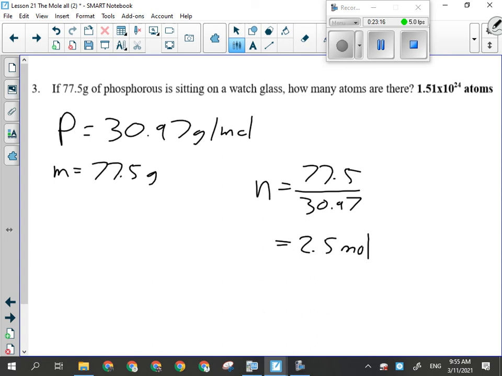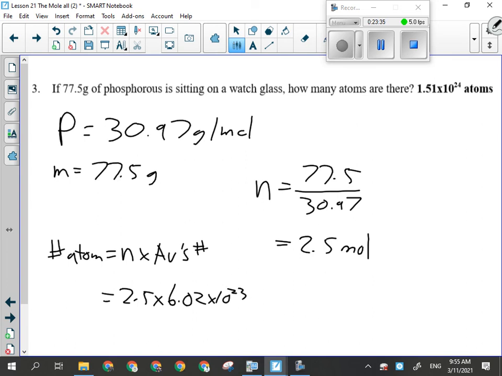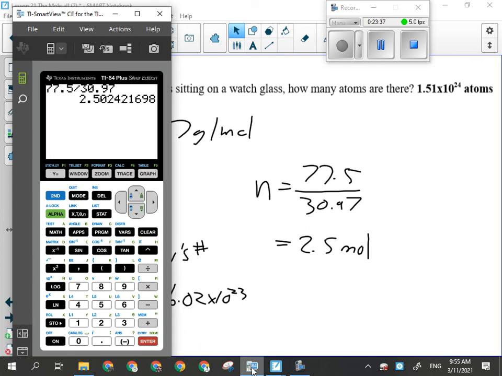I want to calculate the number of atoms, so that means that I take n and I multiply by the number of atoms in 1 mole. And so that's going to be 2.5 times 6.02 times 10 to the 23. And we're getting 1.51 times 10 to the 24 atoms.